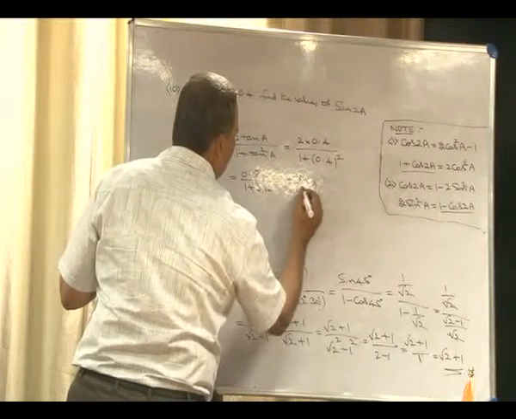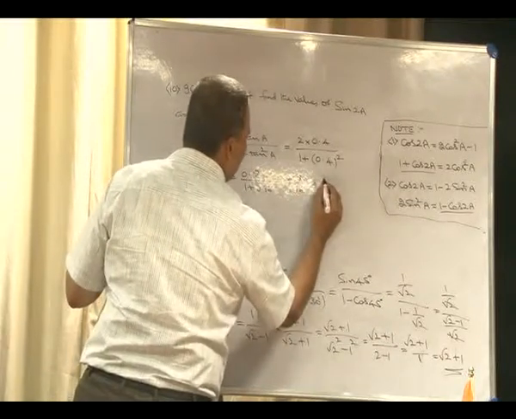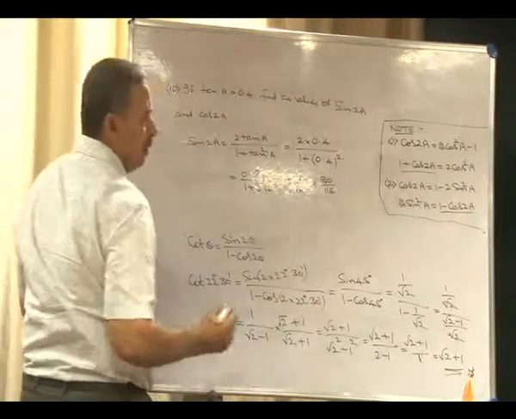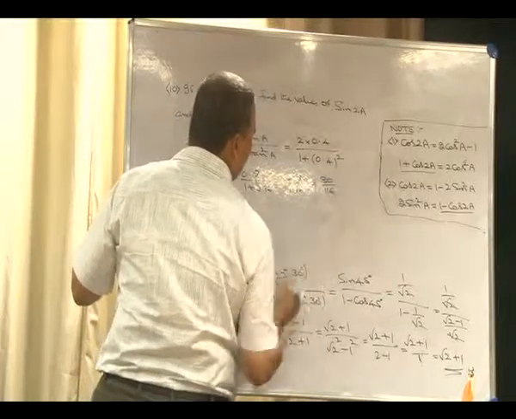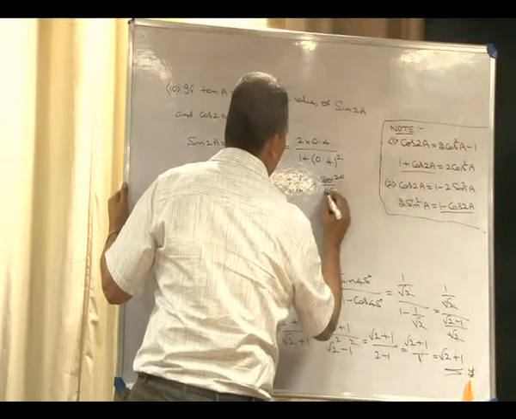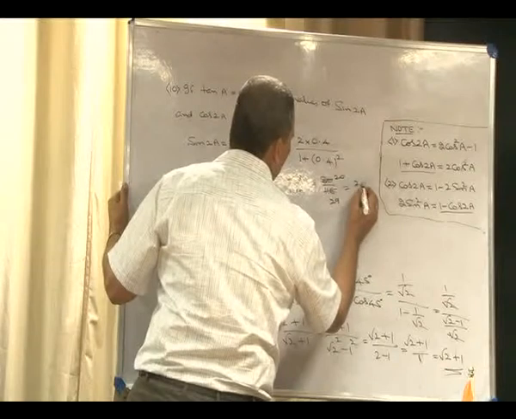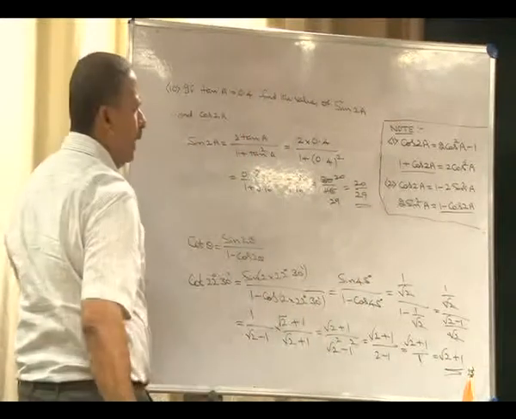If you remove the decimal point in both numerator and denominator, we get 80 by 116. Cancel both by 4: 20 by 29 is the value of sin 2A.